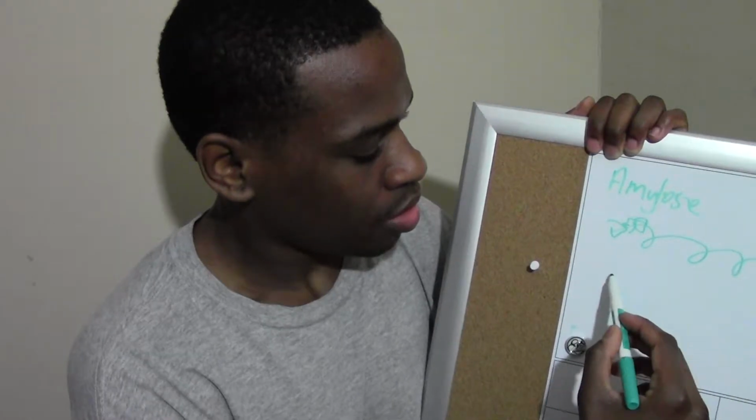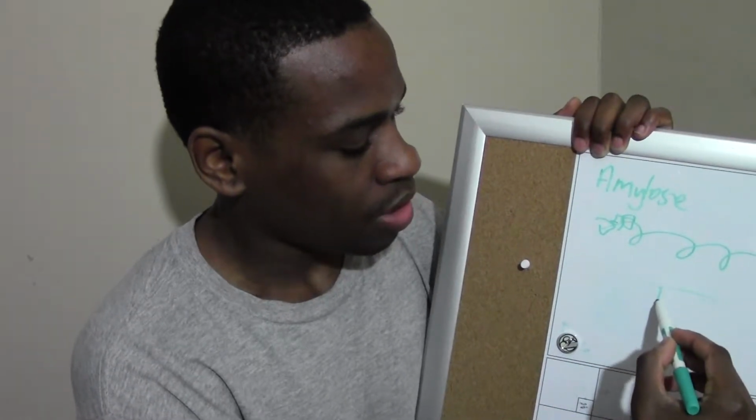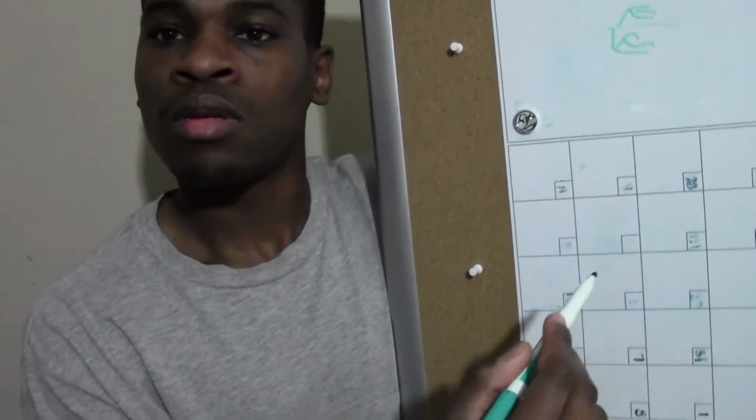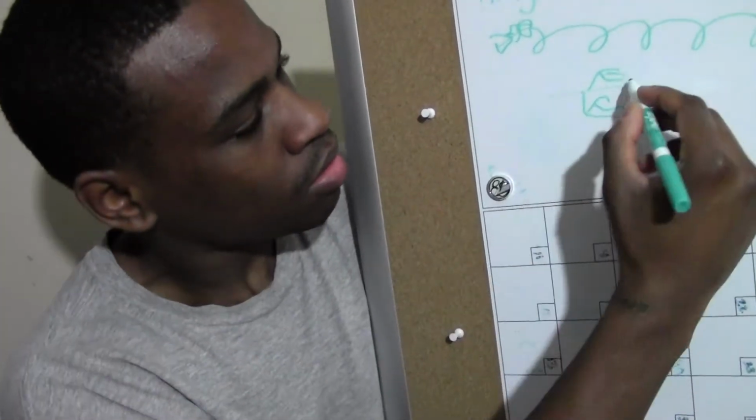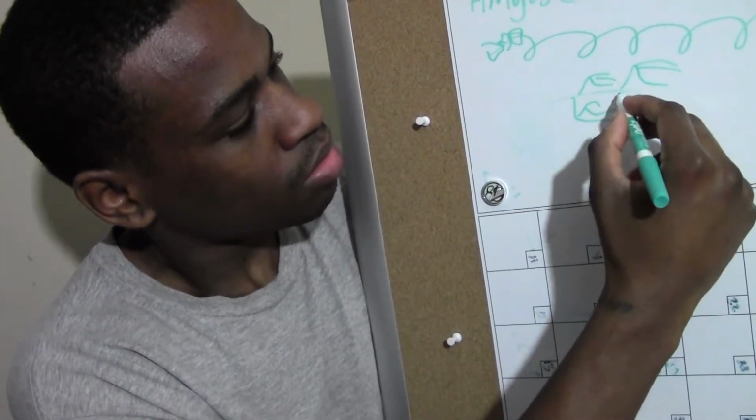As opposed to amylopectin, which are branched structures. Can this be seen? Amylopectin. Try to draw it bigger.